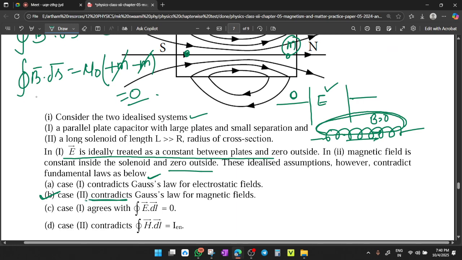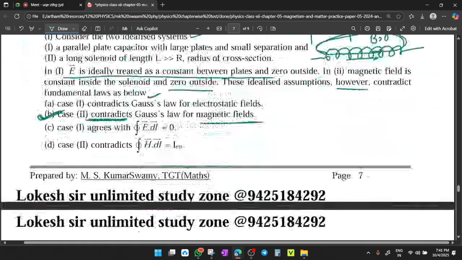No, never. Case 2 will follow the Gauss law. It will not contradict. Understood? It will follow the Gauss law. But here it is given that case 2 will contradict the Gauss law for magnetic field. That is not possible. So the correct answer is B.